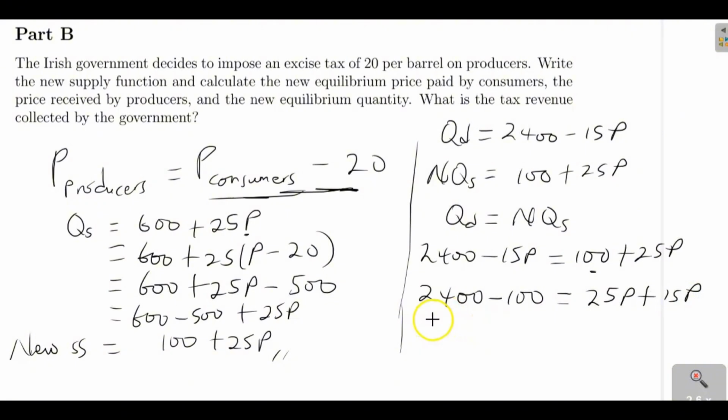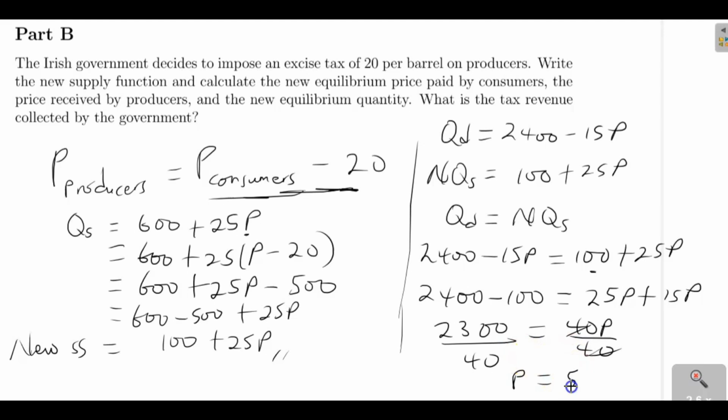Now, what is 2,400 minus 100? Let me use my calculator, and that is going to be 2,300 equals, what is 25 plus 15? That will be 40p. Here too, we want to find the value of p. So we divide here by 40, and we divide here too by 40. Now this cancels that, and we are left with p equals, now what is 2,300 divided by 40?